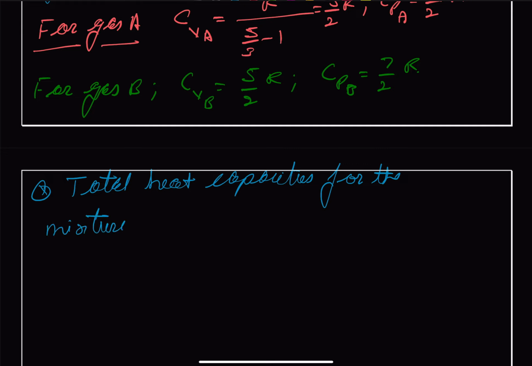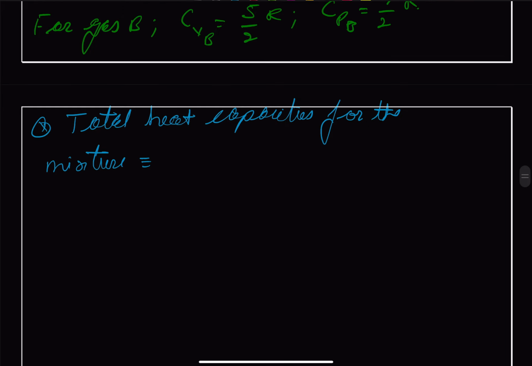Okay, and which basically we can write, this will be equal to, we have two types, so we can write this as, for pressure, our total will be equal to moles of A, and this is our Cp of A, plus moles of B, and this is our Cp for B.